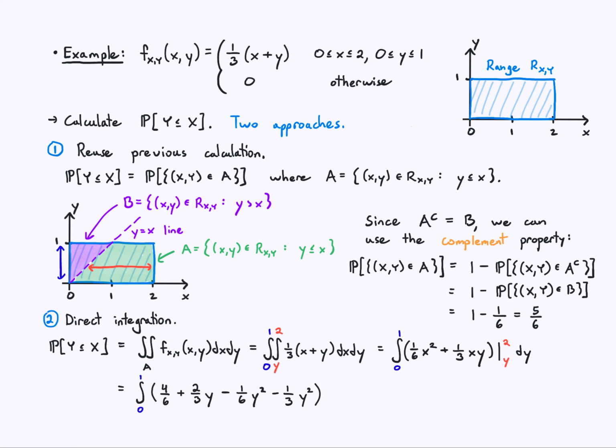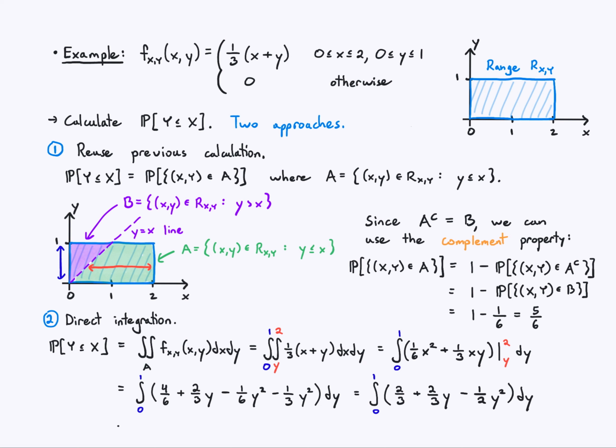Okay, and then I'm going to combine some terms. So this is the integral from 0 to 1 still. I simplify 4/6 to 2/3, plus 2/3 y, and I combine the squared terms, I get minus 1/2 y squared dy.